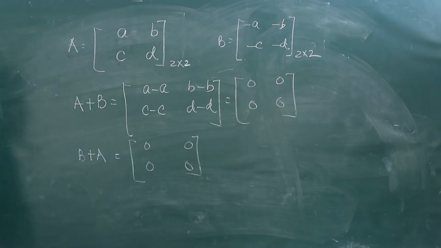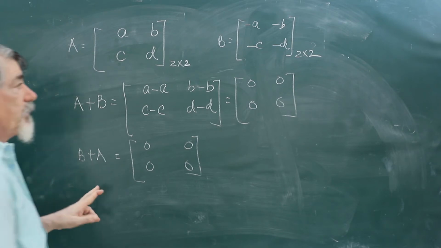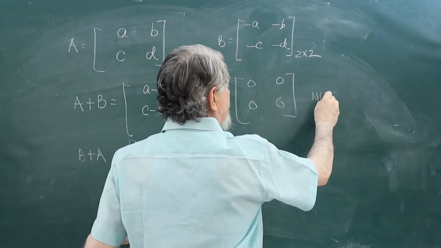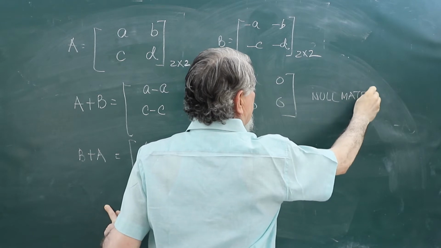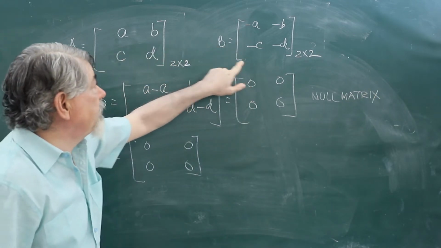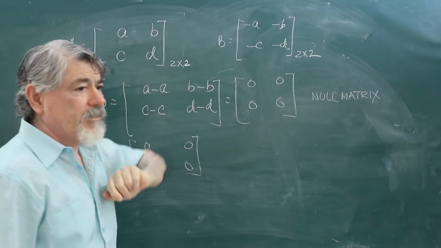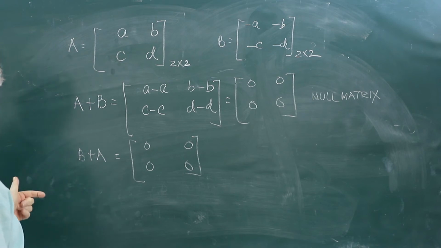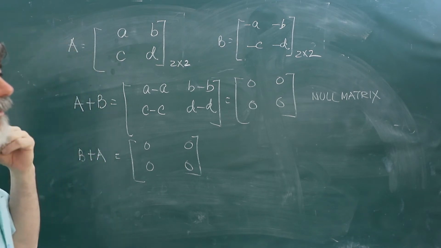So if it happens that on addition of two matrices, we get the answer as a null matrix, then we say that B is the additive inverse for A, or A is the additive inverse for B, because additive identity was a null matrix.